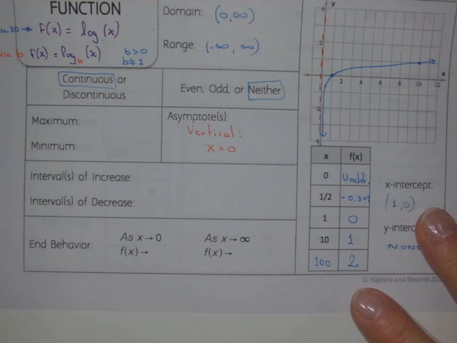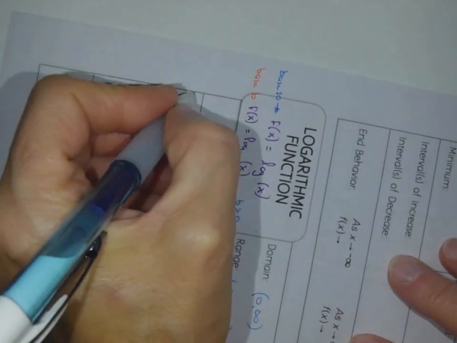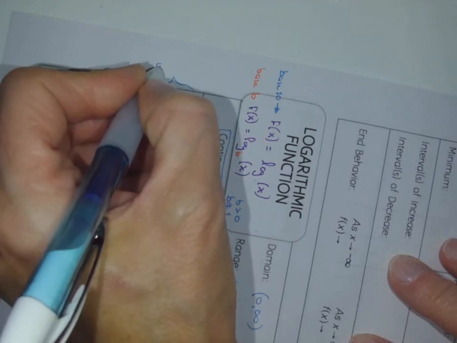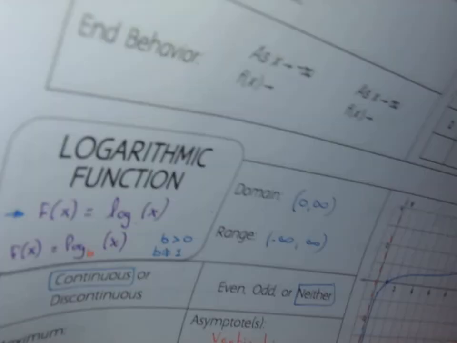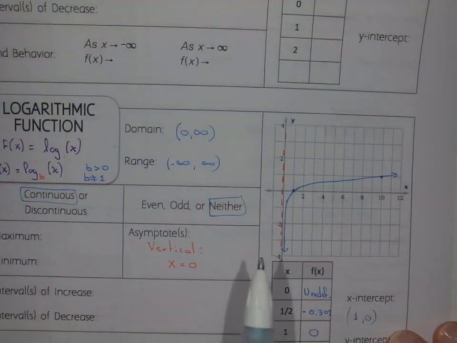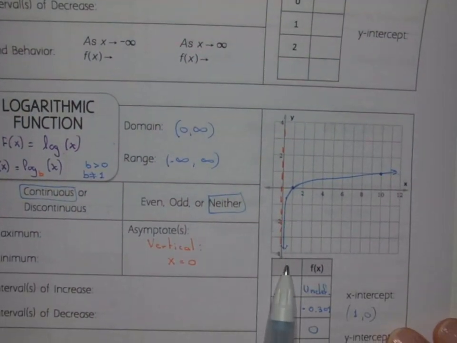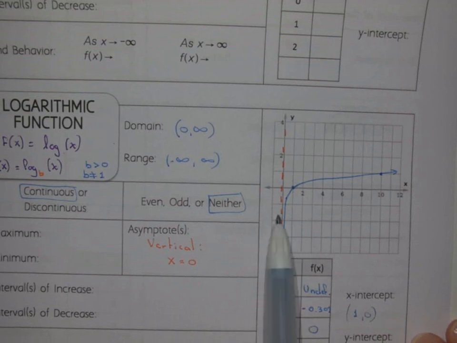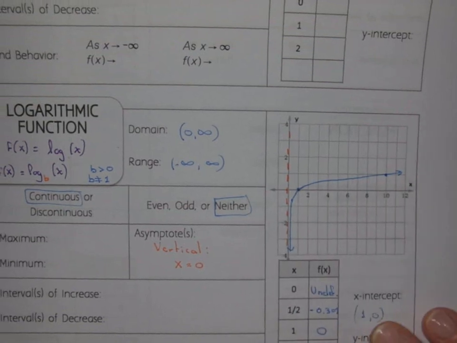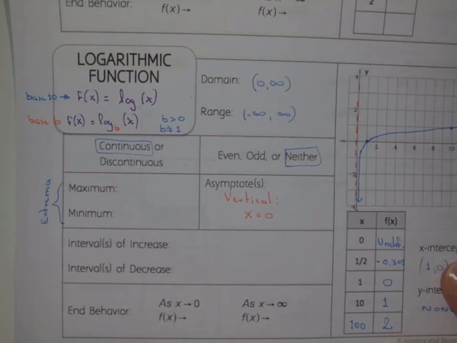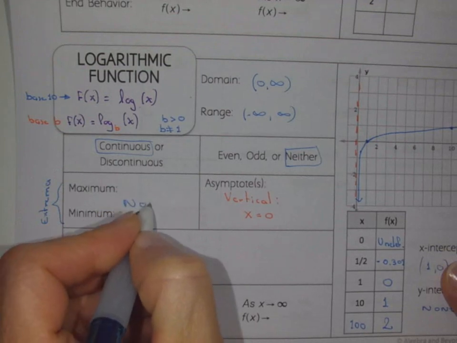Maximum or minimum, so we're talking about extrema, and this graph doesn't have any, because this function is going to keep going down toward negative infinity and going up toward positive infinity, so it will never reach a max or a min. There is no extrema, none.